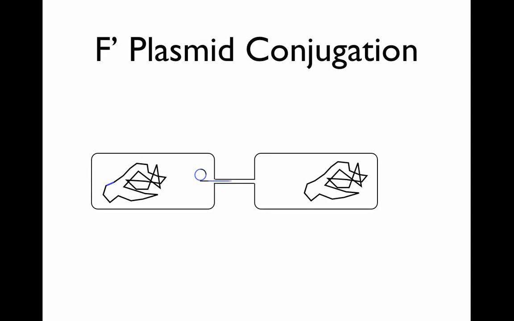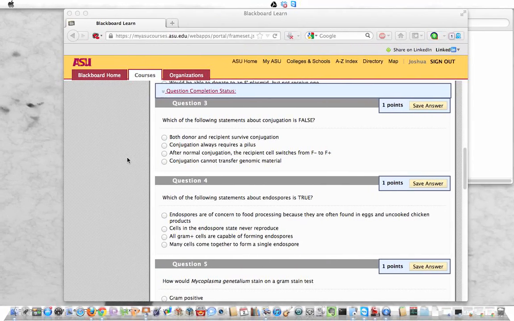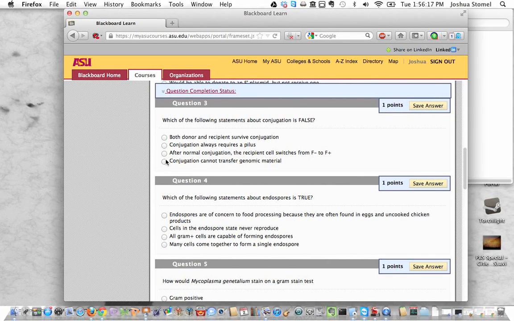So what we're seeing here is the transfer of genomic DNA, a small piece of genomic DNA, by conjugation with an F prime plasmid. An F prime plasmid is an F plasmid that contains a little bit of genomic information. So this statement that conjugation cannot transfer genomic material, that is false. So let's mark that one.